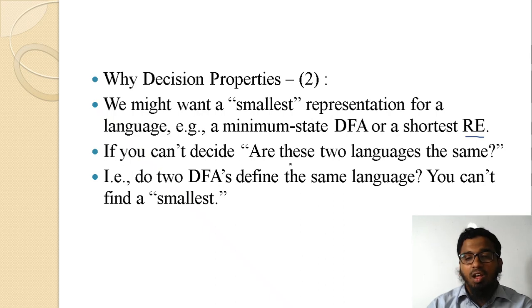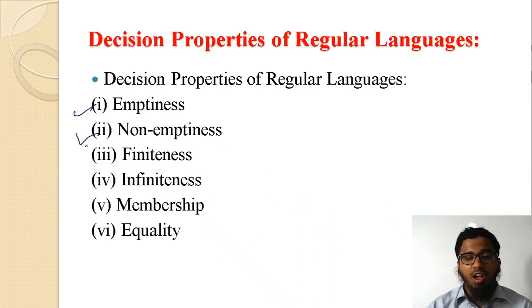If you cannot decide whether two languages are the same, that is, whether two DFAs define the same language, you cannot find the smallest. If both are completing in 4 states, we cannot find the smallest one. If one is doing it in 5 states and another in 4 states, then you can easily find the minimum. So there are 6 properties.